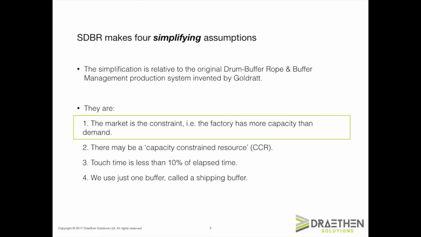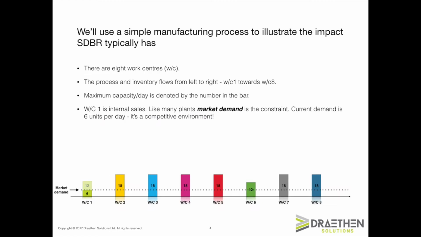The first assumption that we will explore is that SDBR assumes that the market is the constraint of the organization. You'll probably recognize this diagram from previous videos, and it's worth pointing out now that it is firstly based on a real plant that I worked in and successfully implemented SDBR in, and secondly that I've created a simulation based on this plant that uses dice and counters and allows us to explore the process of implementing SDBR.